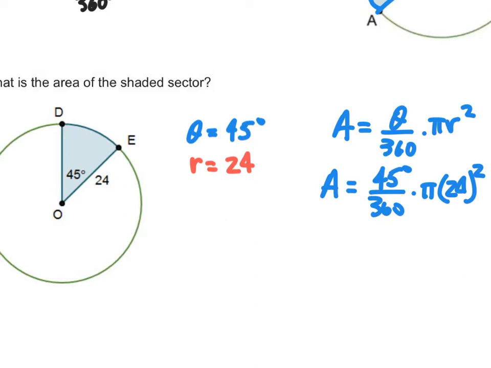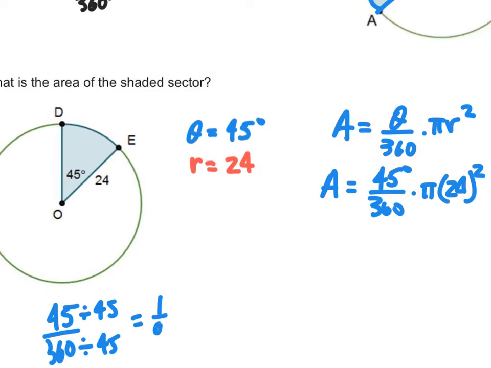Now, 45 over 360: if I divide this by 45 and divide this one by 45, I'm going to end up getting 1/8, because 360 divided by 45 gives me 8.